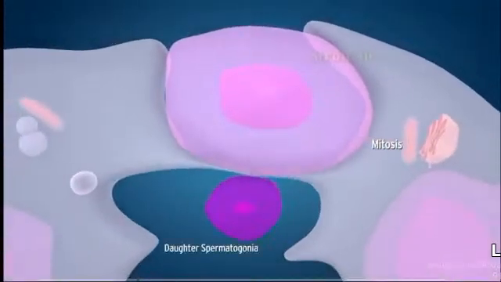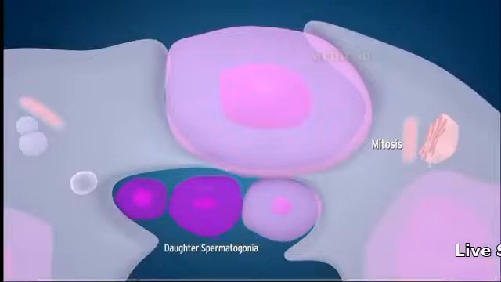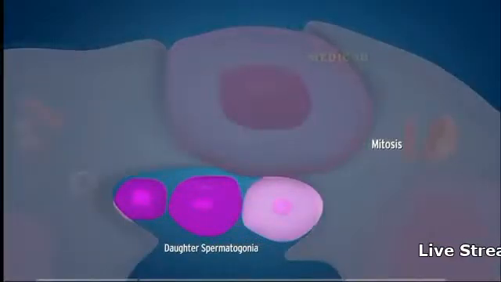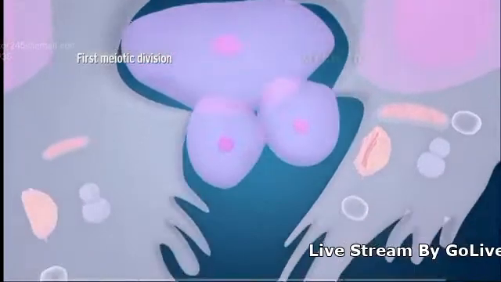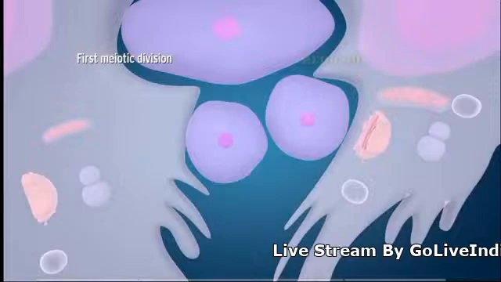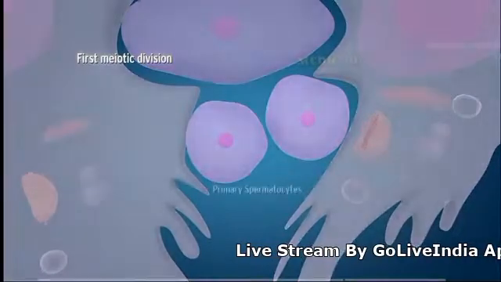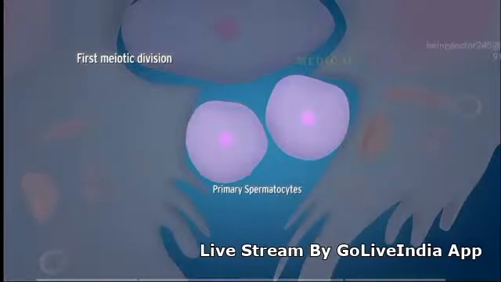The primordial spermatogonia divide mitotically to form daughter spermatogonia. Few of these daughter spermatogonia migrate apically from the basal lamina and enter into the first meiotic division, and these cells are called the primary spermatocytes.